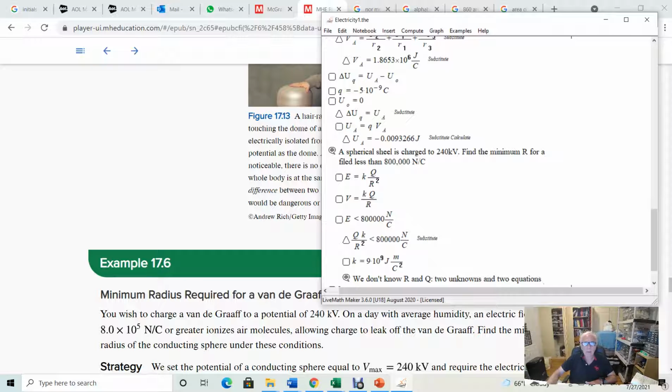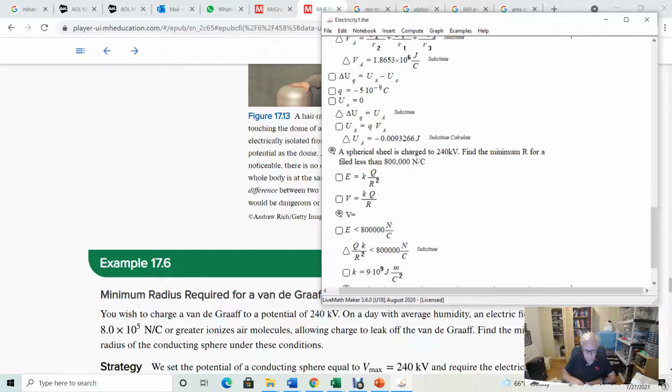V, we know that's 240 kilovolts, right? Let's write that down here. V is 240 times 10 to the cube volts.